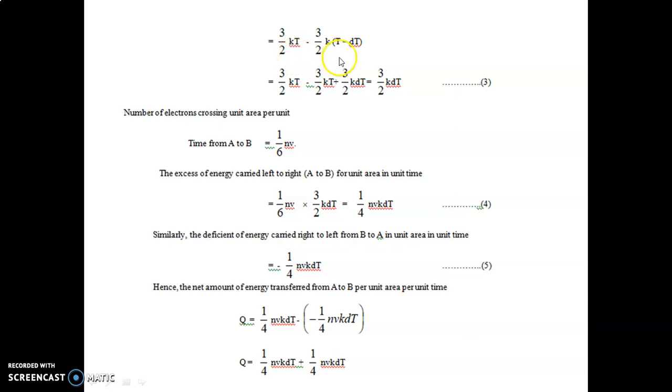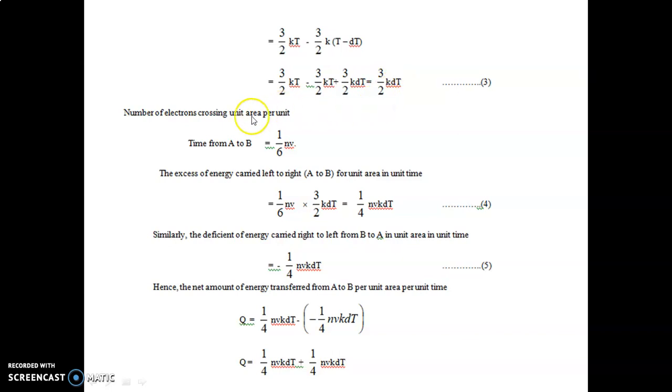That is, we get 3 by 2 kT minus 3 by 2 kT plus 3 by 2 k into dT. So these two terms get cancelled. Finally, we get 3 by 2 k into dT. Each electron when transferred from cross section A to B carries this much amount of energy, that is 3 by 2 k into dT.